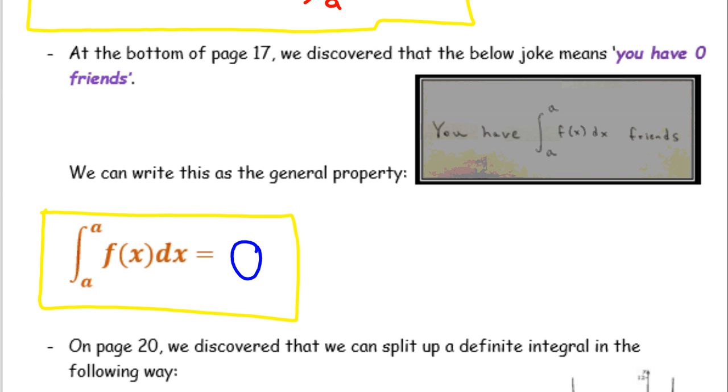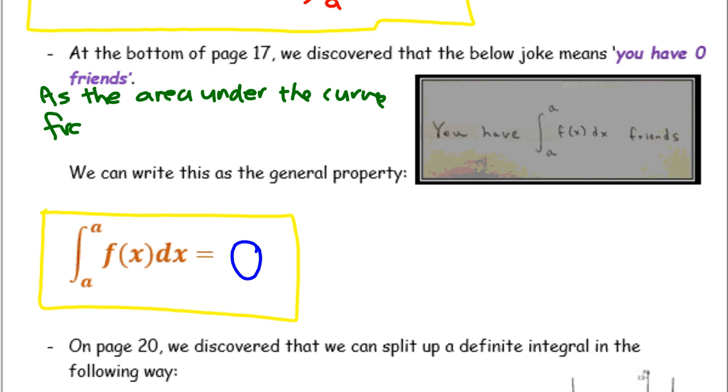What did I write here? As you said, make a little note of it if you want, in whatever way makes sense to you. So, the area under the curve from a to a on the x-axis is nothing. You should have said there is no area. Yeah, that makes sense. That would be grammatically better.